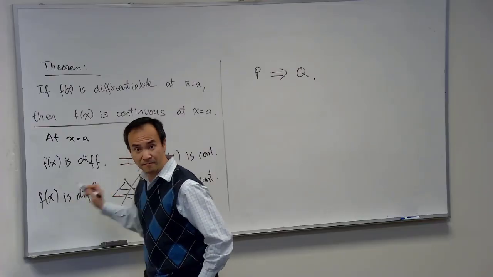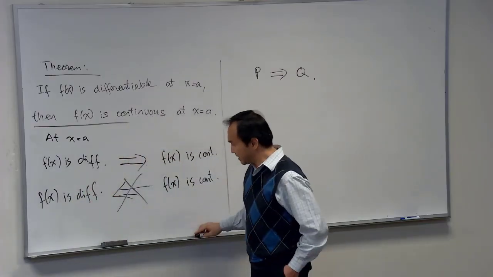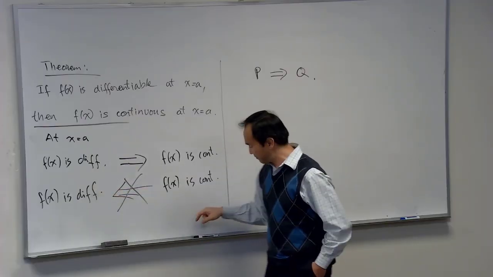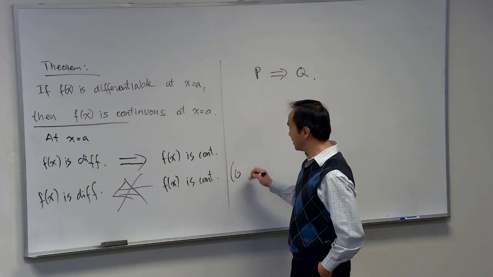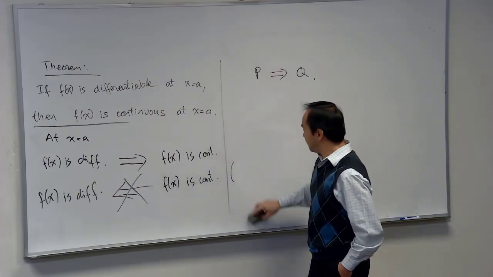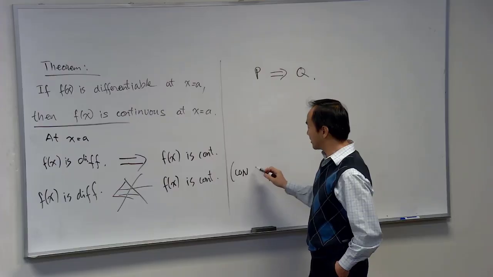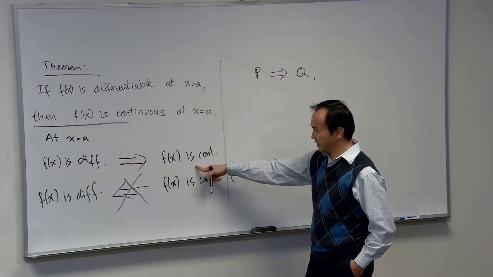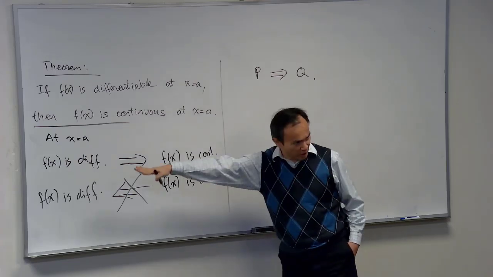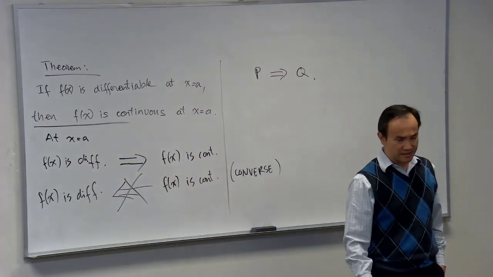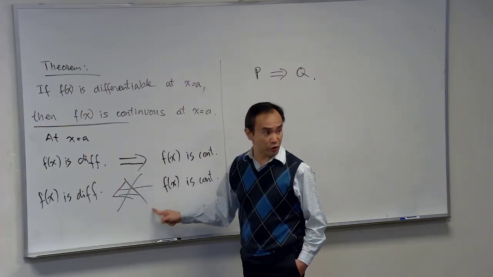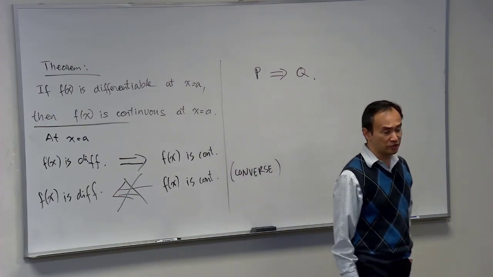There is a form where we go in the opposite way, and for people who study logic formally, they call it the converse of a conditional statement. We start with a conditional statement and go in reverse; that's called the converse. But for a conditional statement, the converse is not true.